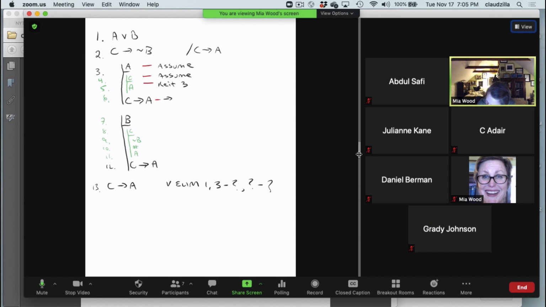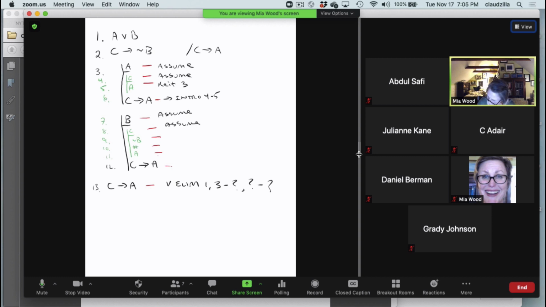Then we have a conditional intro from 4 to 5. Let me just do this real quick while I'm here. The only reason I'm drawing these dashes or short lines is because I want to make sure that I don't mess up the rows. I recognize that my writing can be a little wobbly.